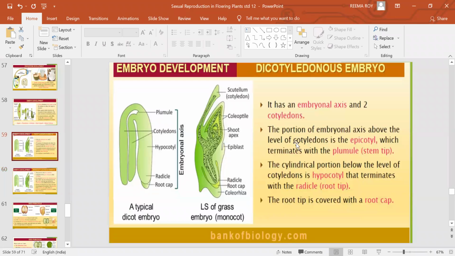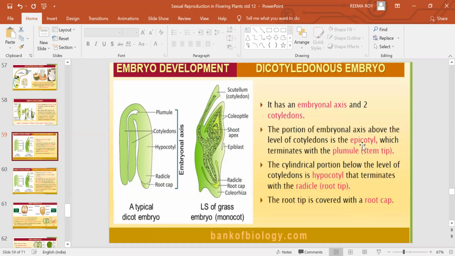Dicot. So it has an embryonal axis which includes plumule से लेके root cap तक and two cotyledons. The portion of embryonal axis above the level of cotyledon is called as epicotyl.